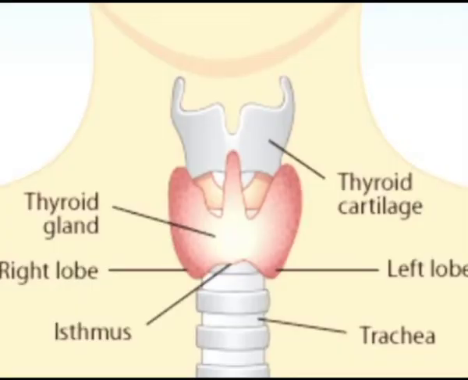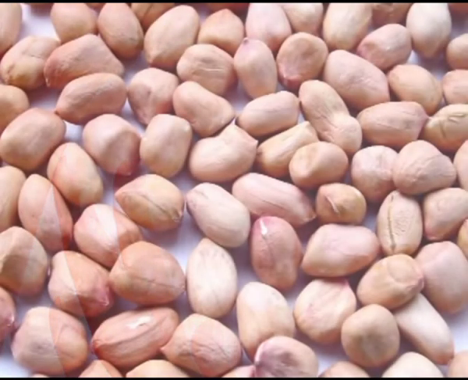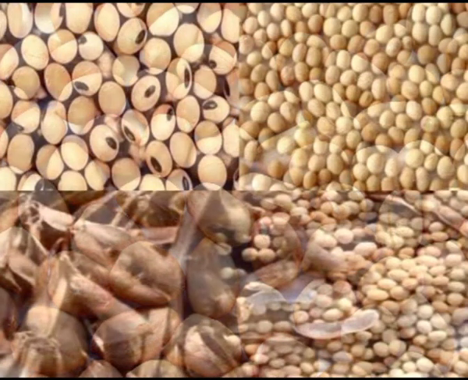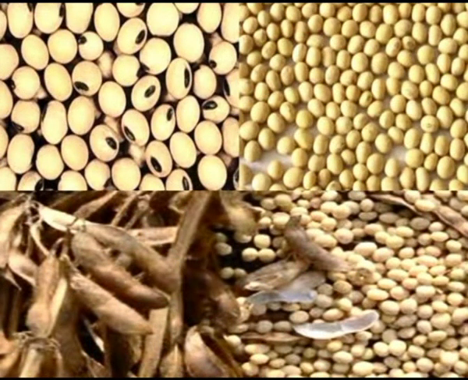Now, we also have certain components called goitrogens. These are substances which prevent the thyroid gland from taking up iodine and cause a deficiency of iodine in the thyroid gland, and these are mostly found in groundnuts as well as soya beans, etc.